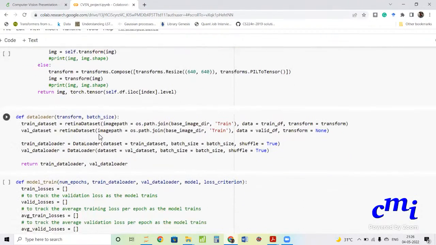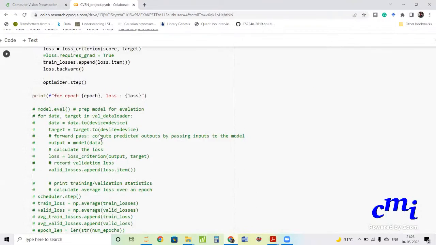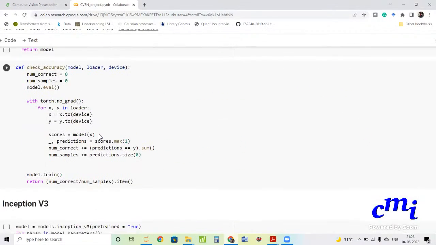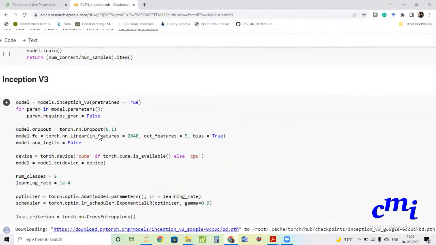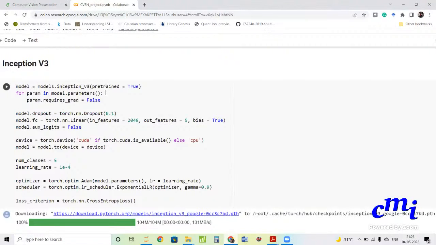Next, we define our model. We have started with the Inception V3 pre-trained architecture, so pre-trained equals true. We have used a dropout layer with dropout probability 0.1, so 10% of the neurons are randomly dropped each time, followed by a fully connected layer of dimensions 2048 by 5.